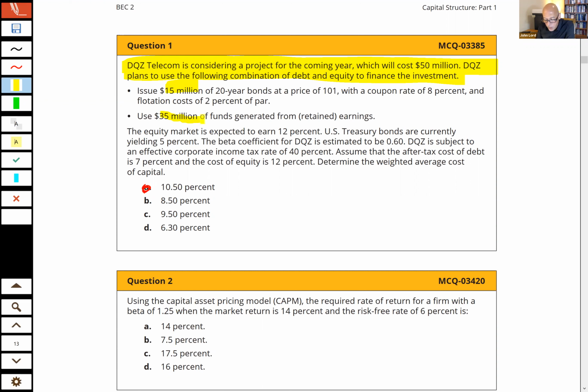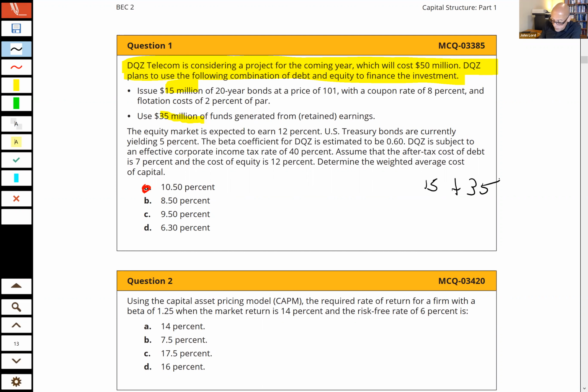So they're giving us the D and the E here. There's no preferred stock, and they don't have to use preferred stock in a question. So we know that we have 15 coming from debt, and 35 coming from the equity.